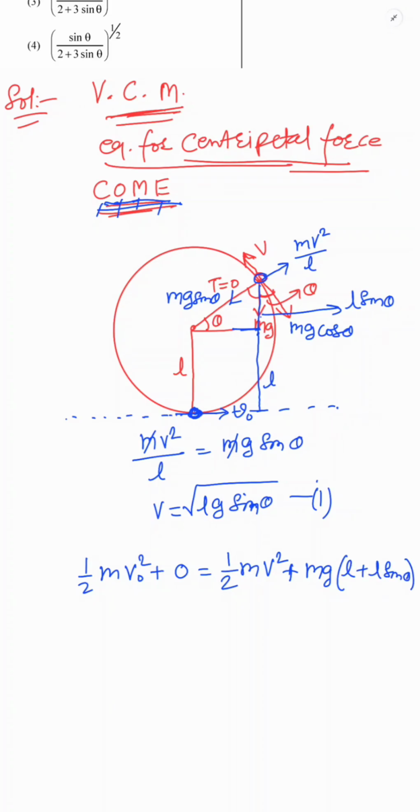Now if we put the value of v from equation 1, m is cancelled out.